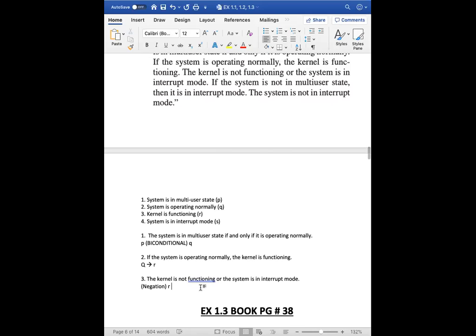Then we have the OR, which you also have to use the symbol for, and then the system is in interrupt mode, represented by the variable S. So we will be representing it this way.